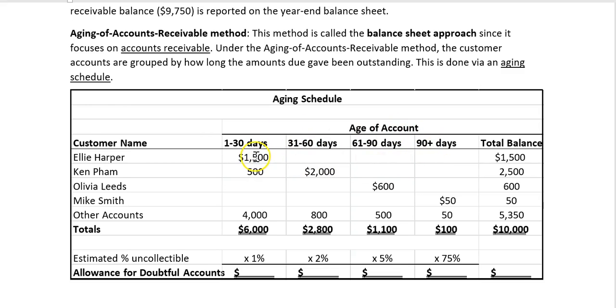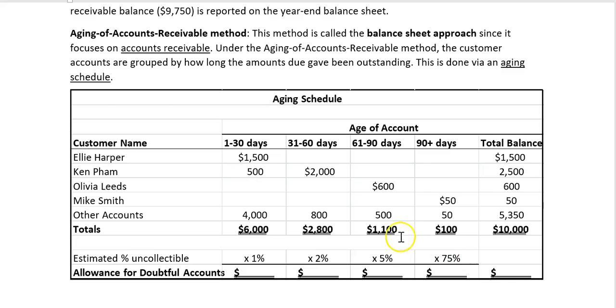So the idea here is the newer a balance is, the less likely you're going to have trouble with it. As balances get older, it becomes more and more likely that you won't be able to collect. So we start with a small rate here of 1%, and we progress to 75% for 90 plus days.